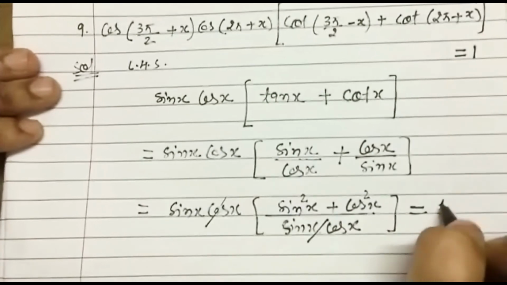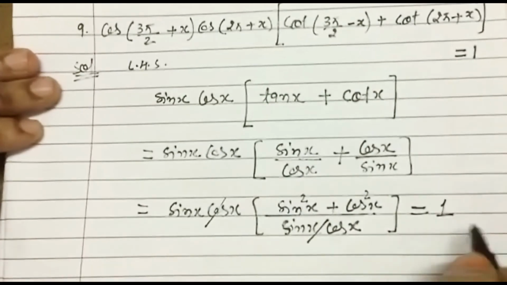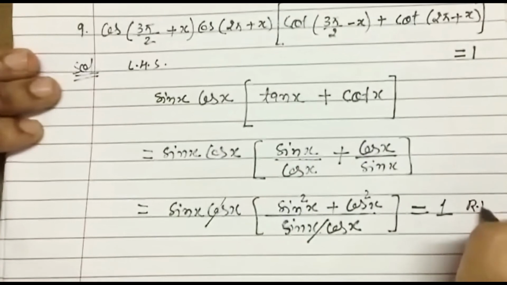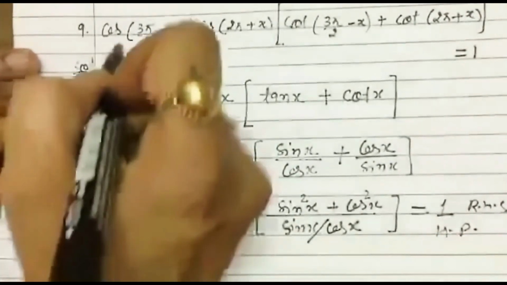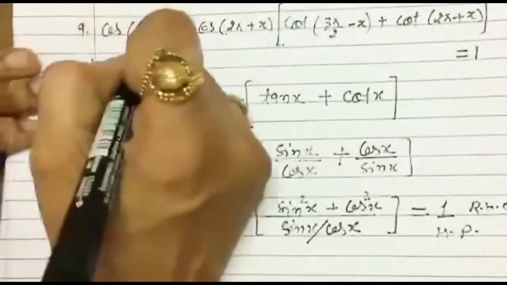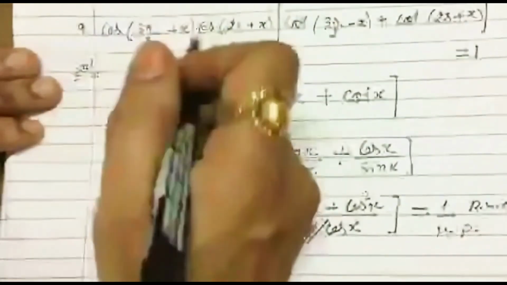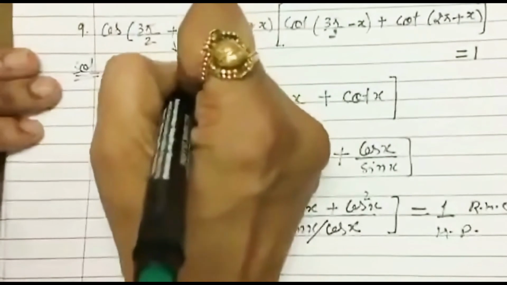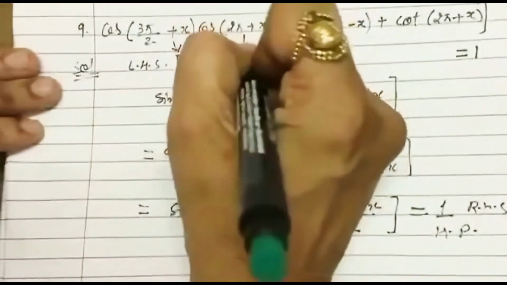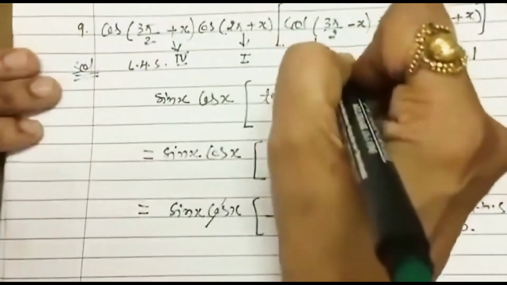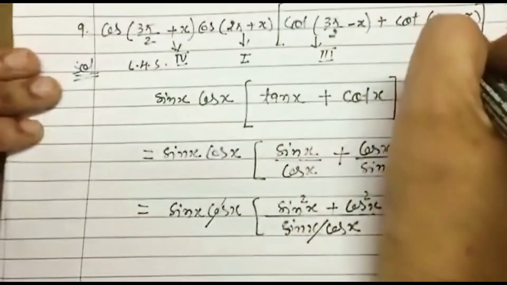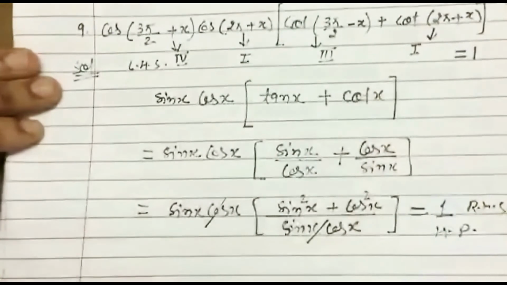So we will only get 1. And it is the right hand side. So hence proved. First you can write here cos(3 pi by 2 plus x), it's the fourth quadrant. Then it's the first quadrant, and here it's the third quadrant, and this is also the first quadrant.